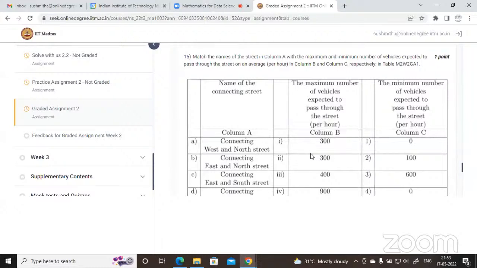Can I ask something? Yes, sure. You are doing a great job, I must appreciate it. Is it possible to share or upload the PDF of the activity questions also? Activity questions we don't want to do, because then you won't try it from your end.